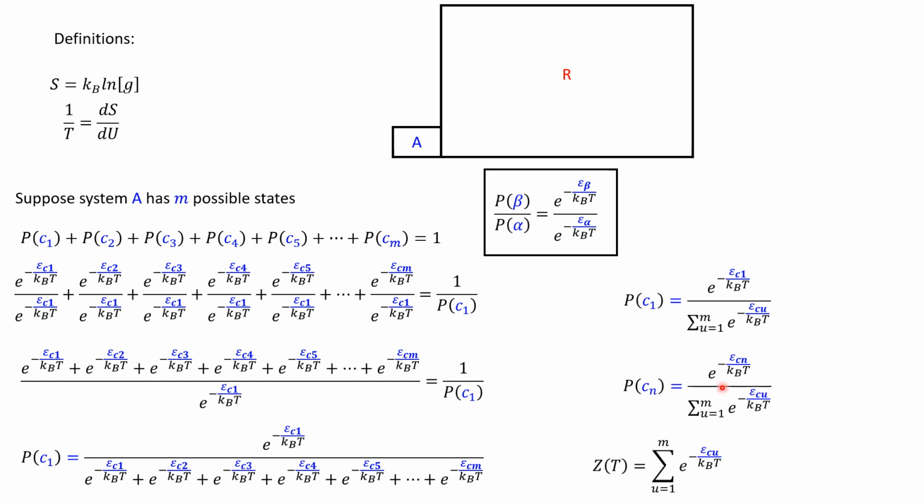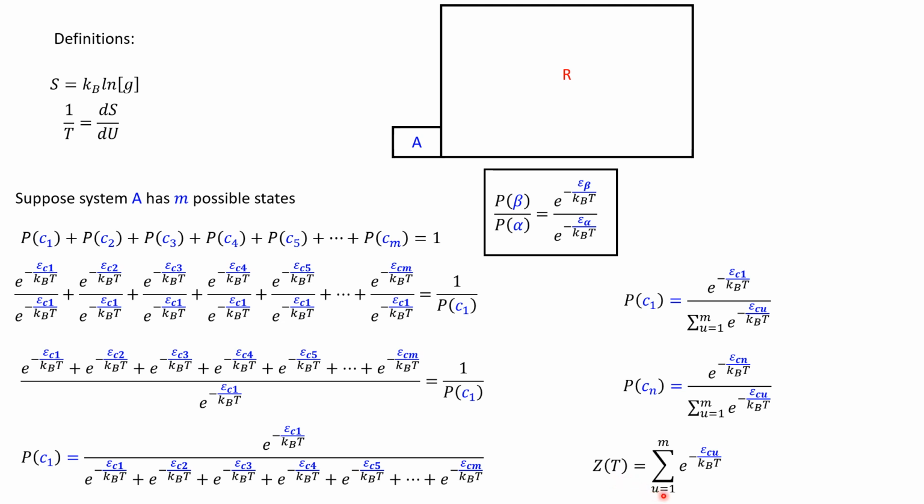So this term in the denominator is called the partition function. We call this sum the partition function, and we call it a function because it depends on the temperature. So the partition function is a function of the temperature.